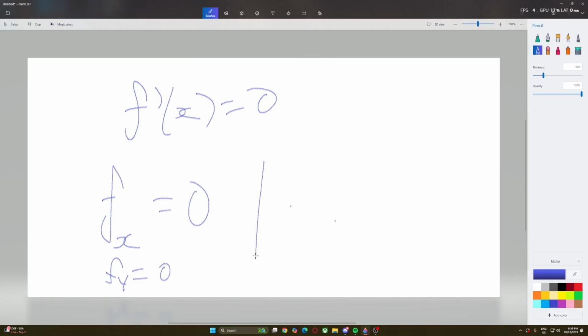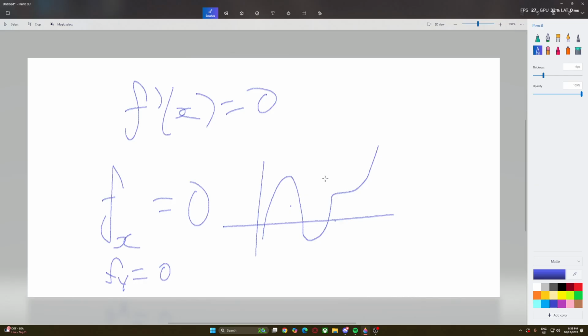But as you know from normal calculus, a critical point, which is just a point where the derivative is 0, or when the slope of the actual graph is a straight line like this, can be either a minimum, a maximum, or neither.